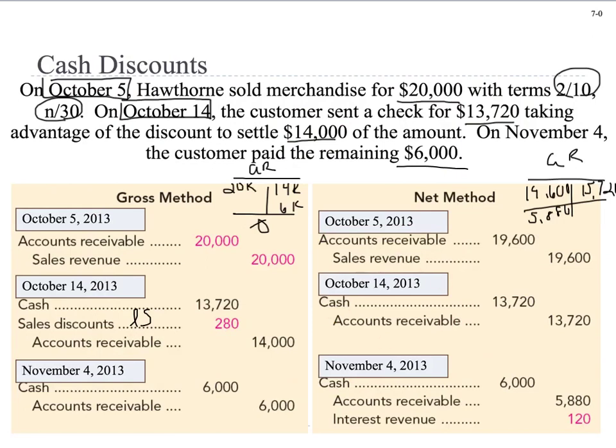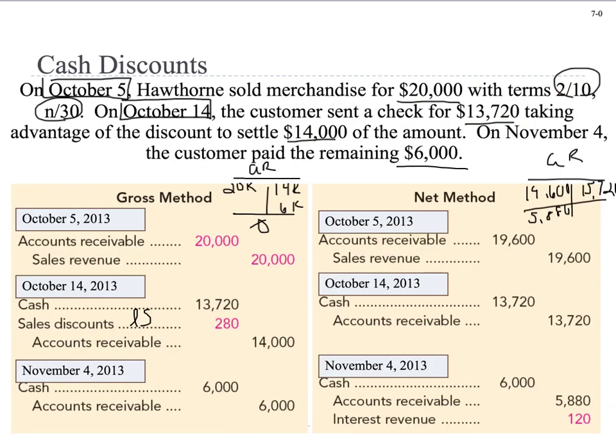But because they didn't pay enough, and by the time November 4th came along, they had exceeded their 10-day window to be able to get this 2% discount, they were forced to pay back more than they could have if they had paid everything by October 14th.